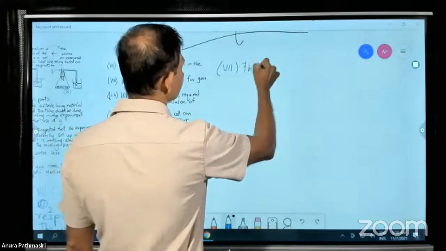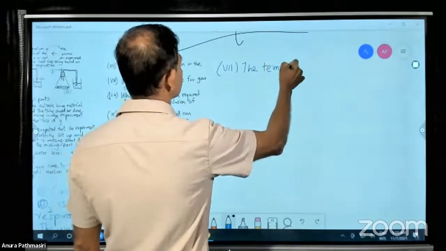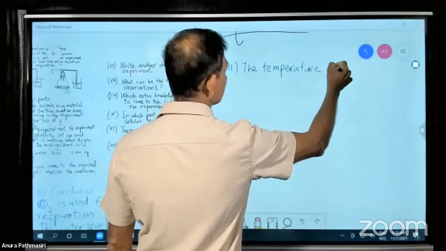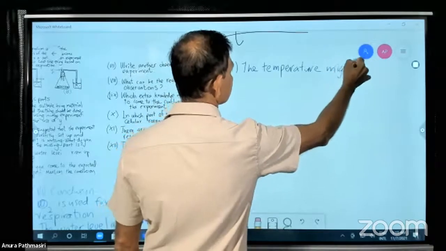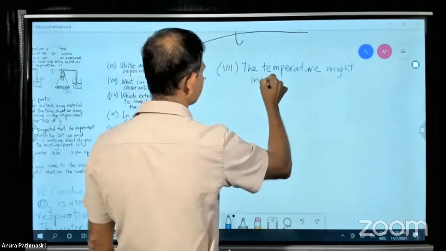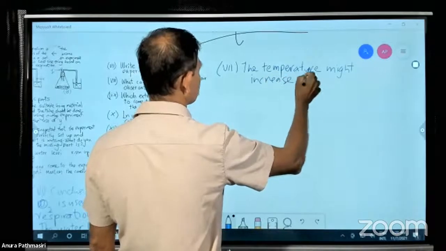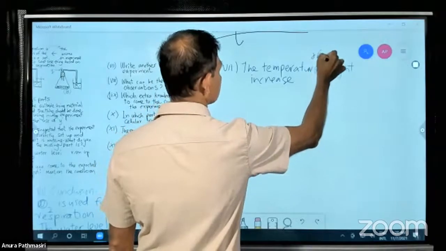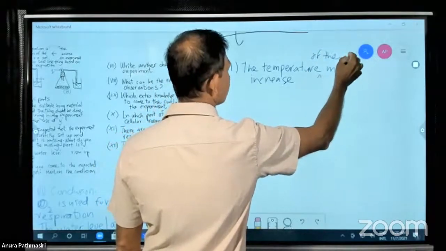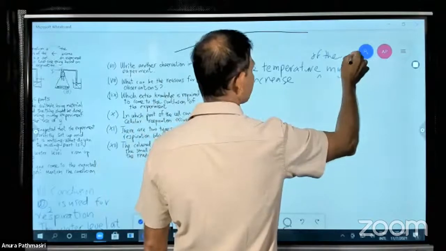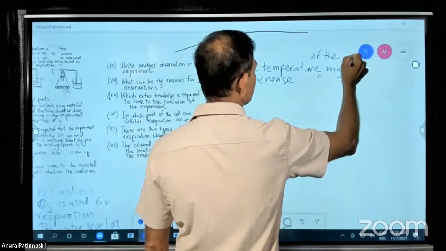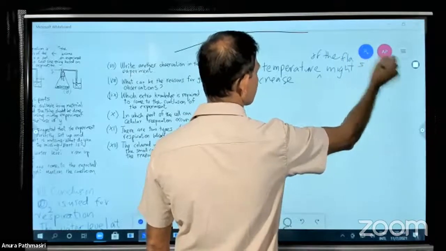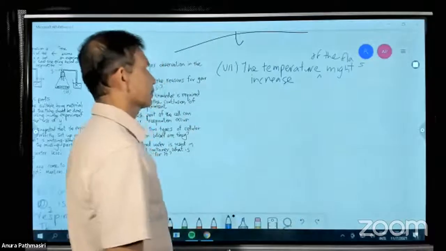The temperature of the flask might increase.